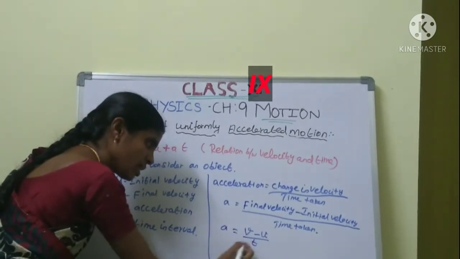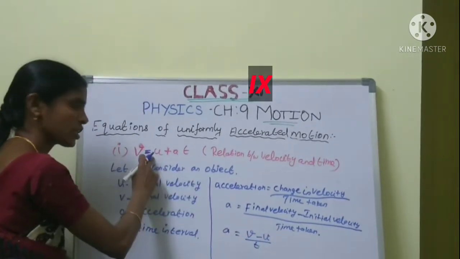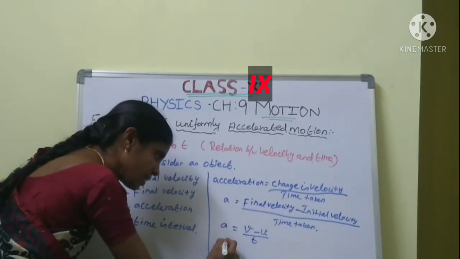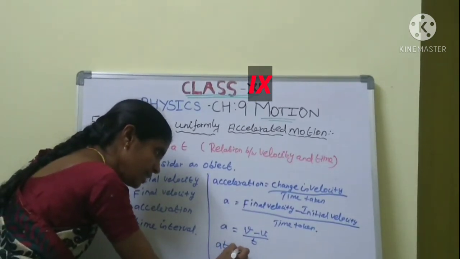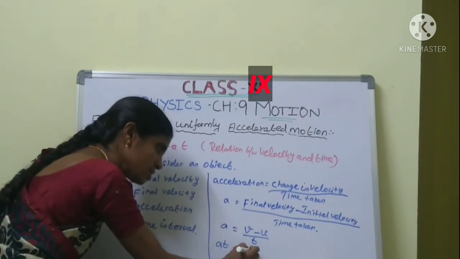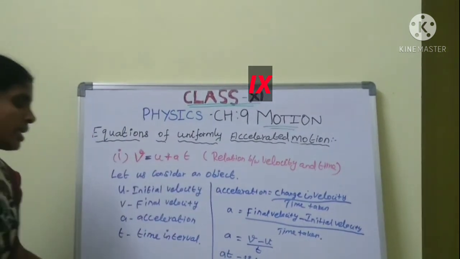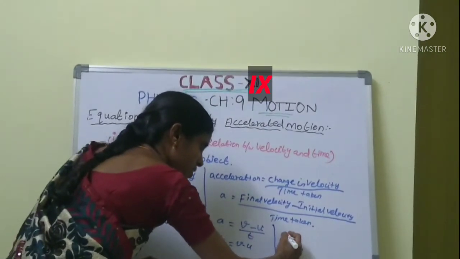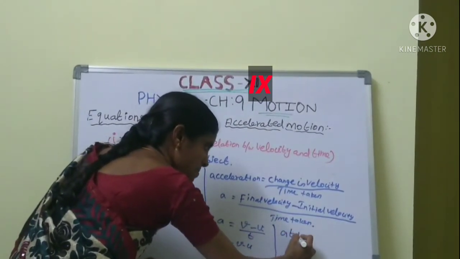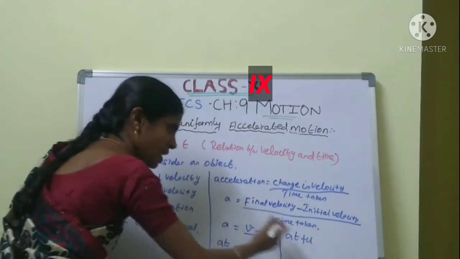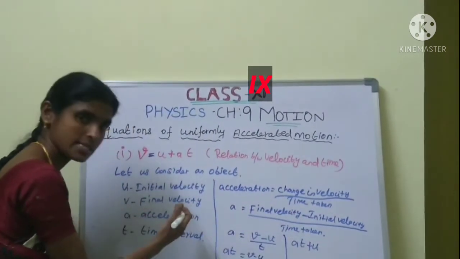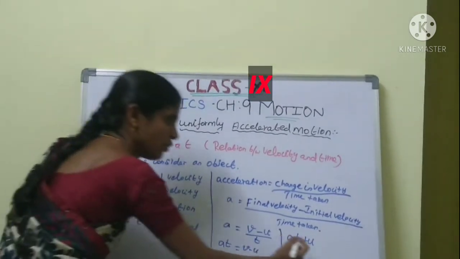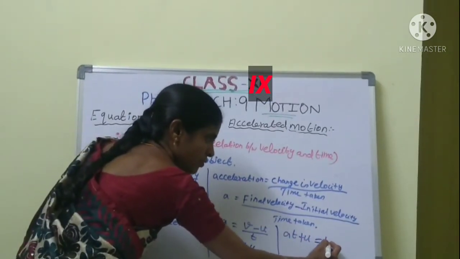So we derive this equation. How will you derive it? The t comes to this side: at equal to v minus u. Are you clear? at equal to v minus u. Then minus u comes to the other side as plus u: at plus u equal to v.